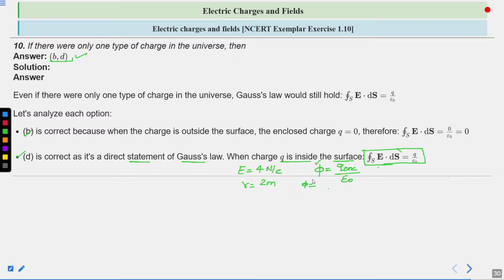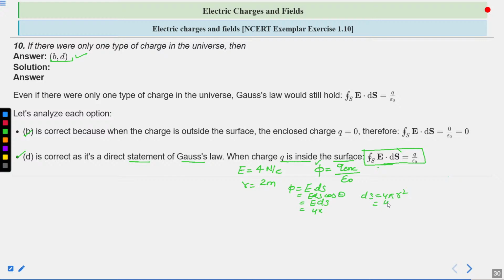What is the area of this sphere? First we write the formula of flux. Phi is equal to E dot ds. Resolving the dot product, you get E ds cos theta. Here theta is 0 degree, so it becomes E ds. The value of E is 4 and the value of ds is 4 pi r square.